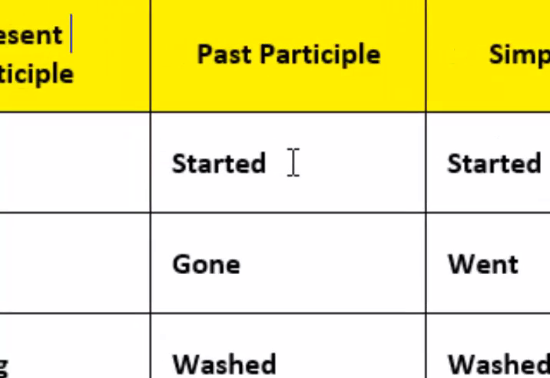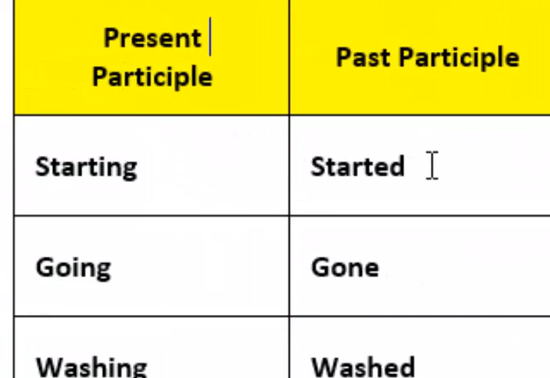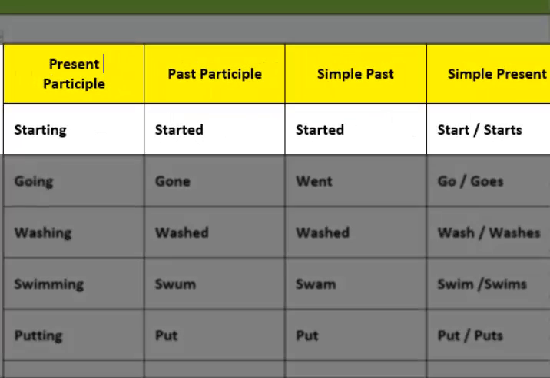And in the perfect tense, whether it is present, past, or future, we use the third form of the verb, and this third form is known as past participle. And in continuous sentences, we add ing at the end, like starting. Therefore, for start, the first form is start, the second form is started, and the third form is started.